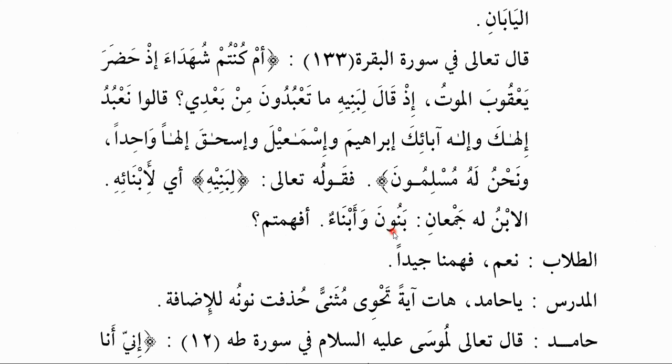What do you know about mulhaq jama muzakkar salim? You know there is a male plural known as jama muzakkar salim, and those follow some rules. For example, Muslim becomes Muslimun. So the structure of Ibn is changing here.